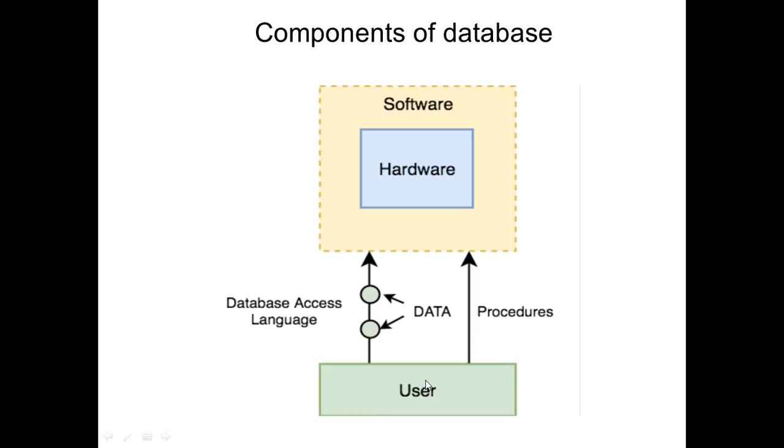He also takes care of the security of the DBMS. Then there is again one type of user, that is application programmer or software developer. Now these users are basically involved in developing and designing the parts of different database. Okay, so these all are the components of database.